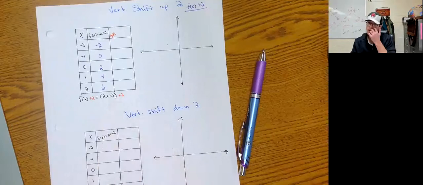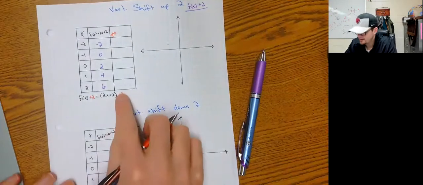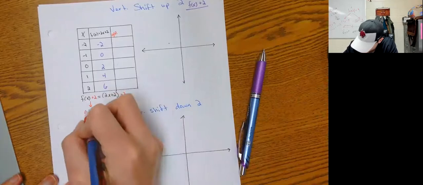Now, again, this doesn't matter so much when we're talking about linear functions. If you understand that, you don't have to follow the rule for vertical shift up or vertical shift down. But if you don't remember the rule later on when we do absolute values or quadratics or other functions, then things might go haywire. So we add to the entire function, and we now have g of x.